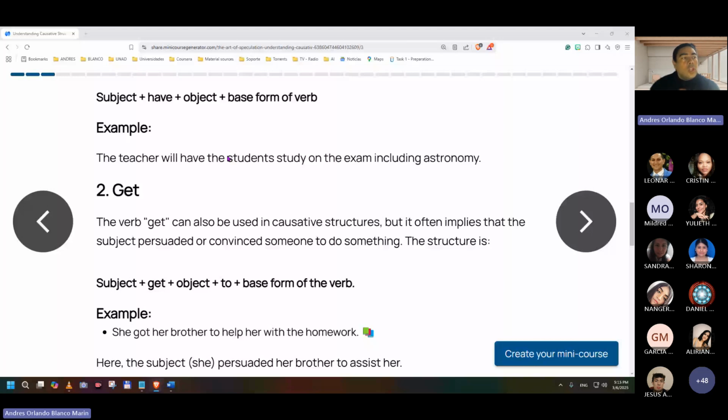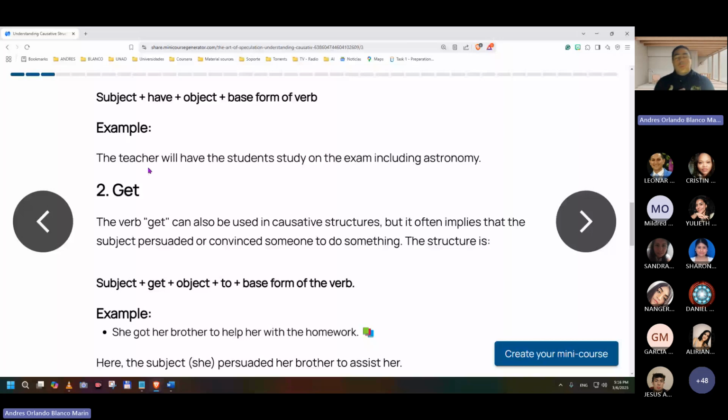The student. The teacher is going to arrange that someone else do something. Who is going to do the action? The students. So the teacher is going to convince the students to do something. And what is that something? Study on the exam, including astronomy.